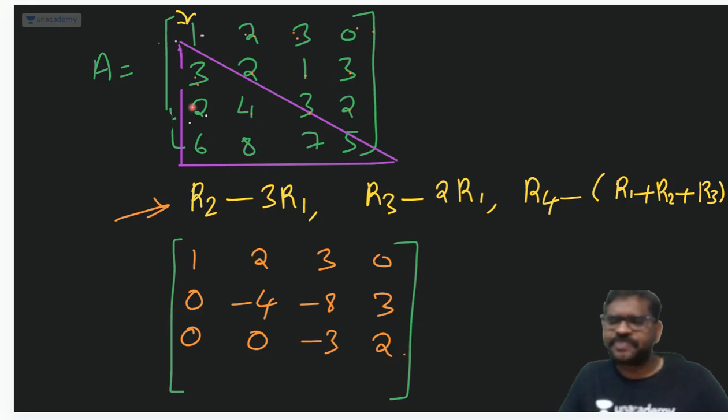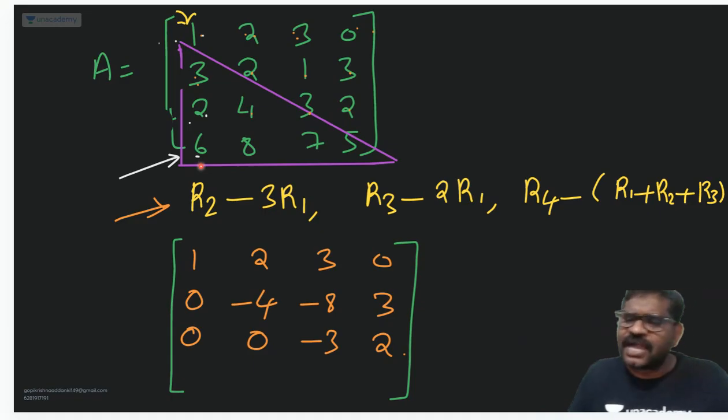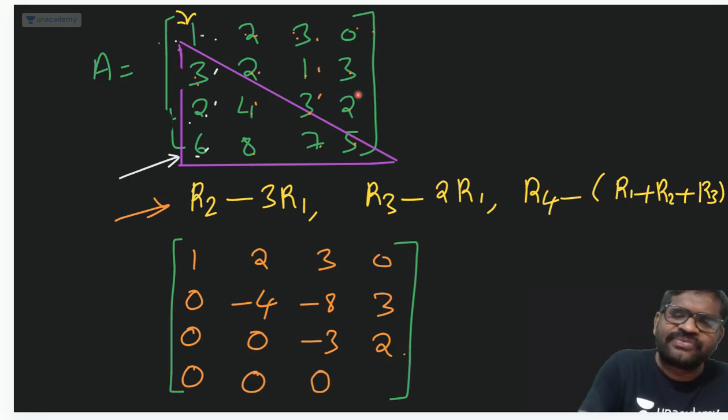Next. Fourth row, R4 minus (R1 plus R2 plus R3). 6 minus 6, 0. 8 minus 8, 0. 7 minus 7, 0. 5 minus 5, 0.